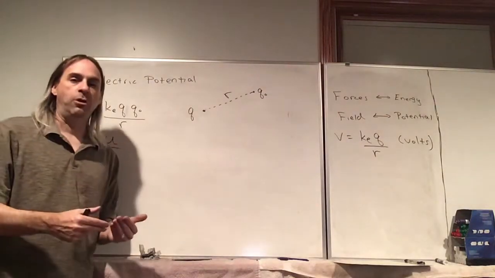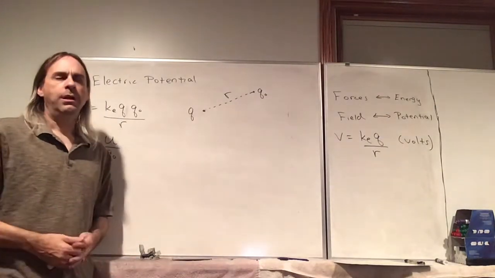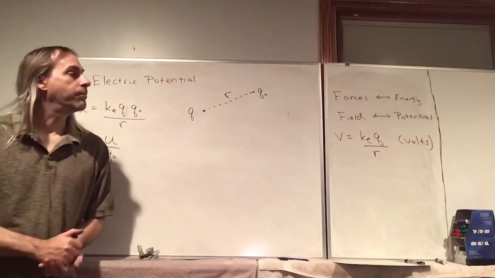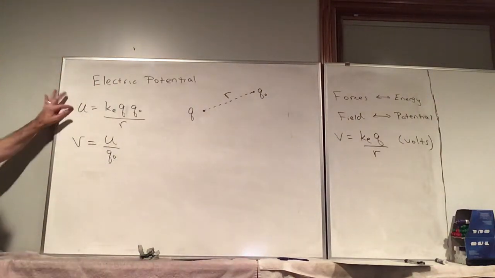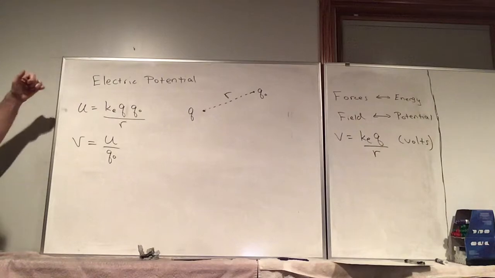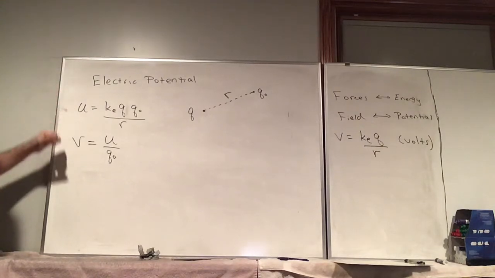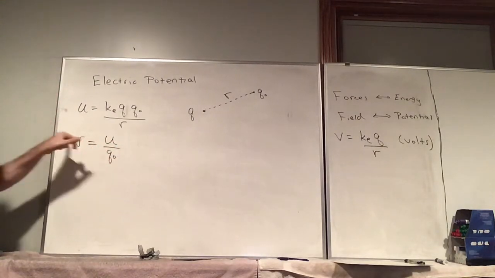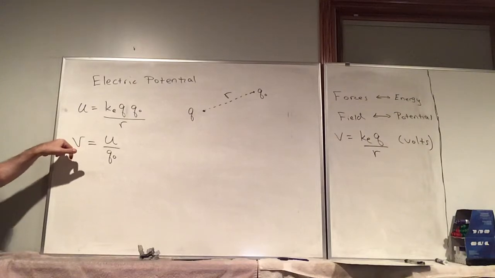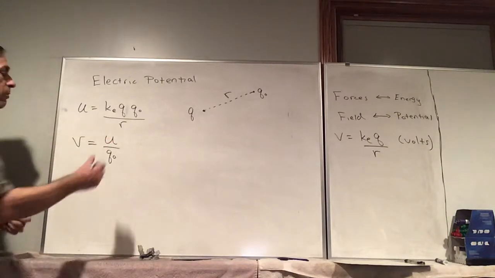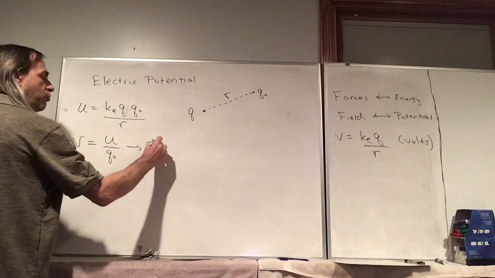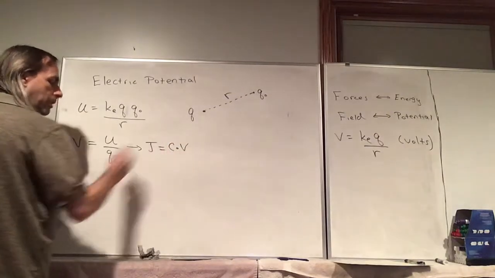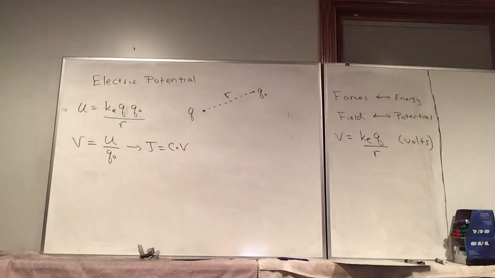We have potential and potential energy, but they're very different things. Potential energy is measured in joules, and potential is measured in volts. And so we can see from this equation that a joule is equal to a coulomb times a volt.